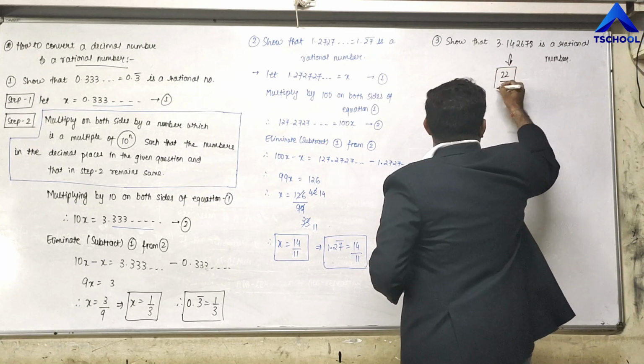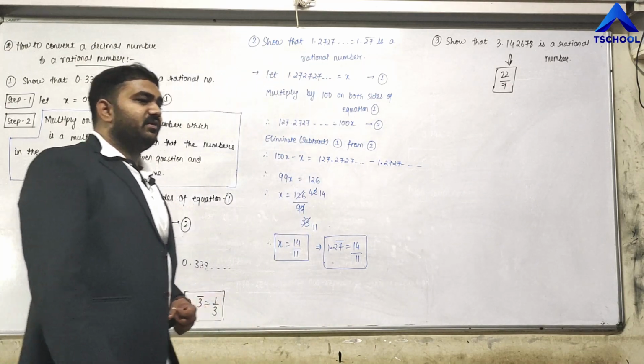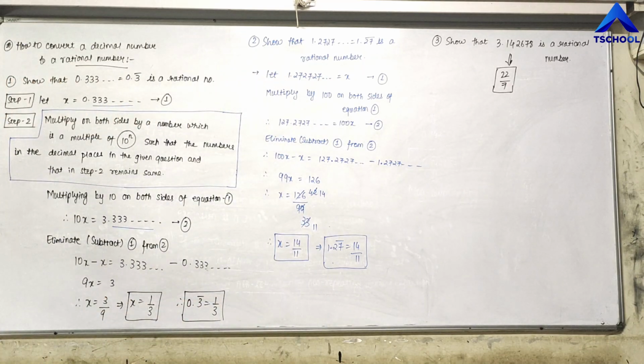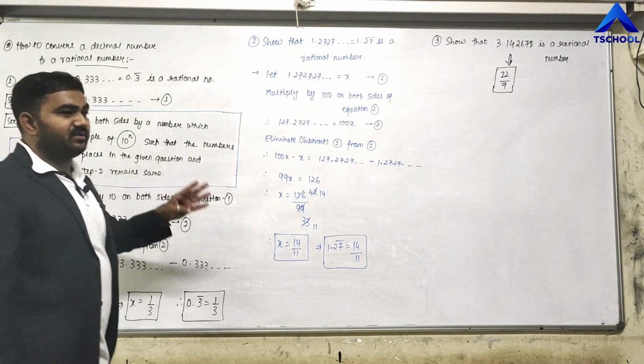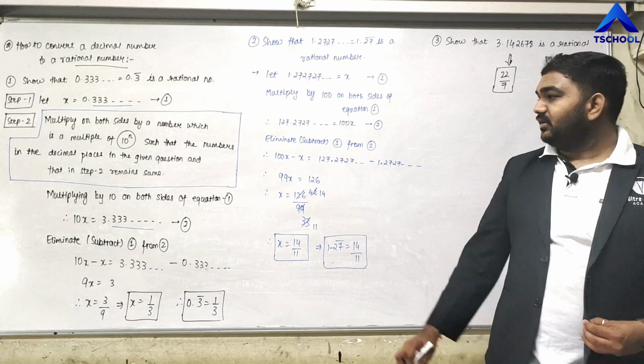See, this is the value of pi. If you divide 22/7, then you will get this number, 3.142678. You can clearly go on dividing this, but we cannot find it out by these methods. Why? Because here we do not have any references.